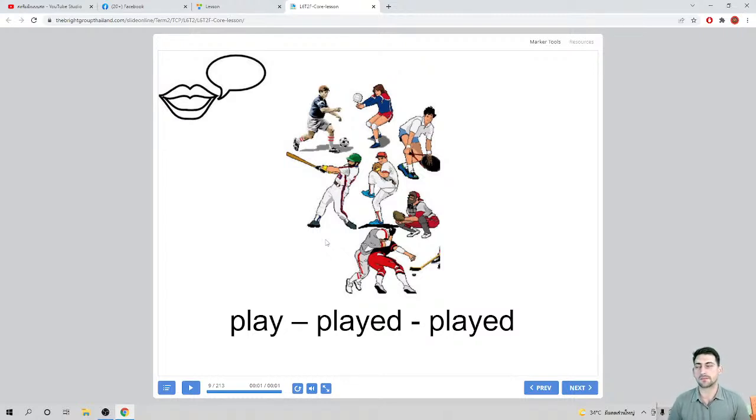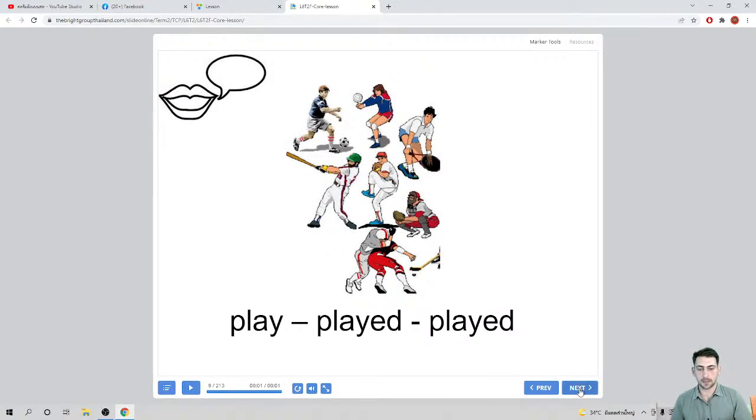Or we have the verb 3, I have already played some games, which is the present perfect simple, which shows a recent action in the past. I don't say when. Yeah, remember, I have just played football, or I have already played some games. There are recent actions. One more time. Play, played, played.